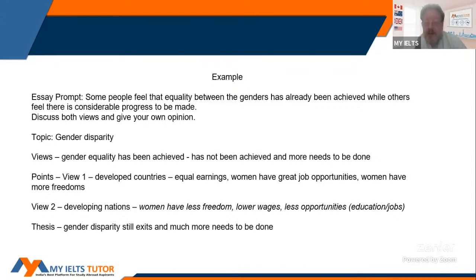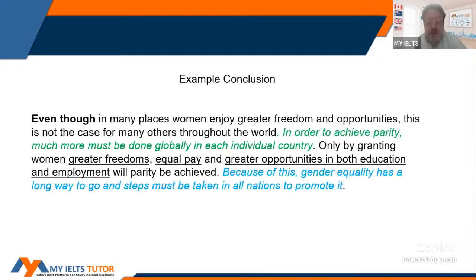So that's my thesis. Now let's take a look at our sample conclusion. So here is the sample conclusion. I'll give you some time to read it really quick, and then I'll explain the different parts that I have marked here. Okay, you can probably guess what they are. So go ahead and read this for a little bit.